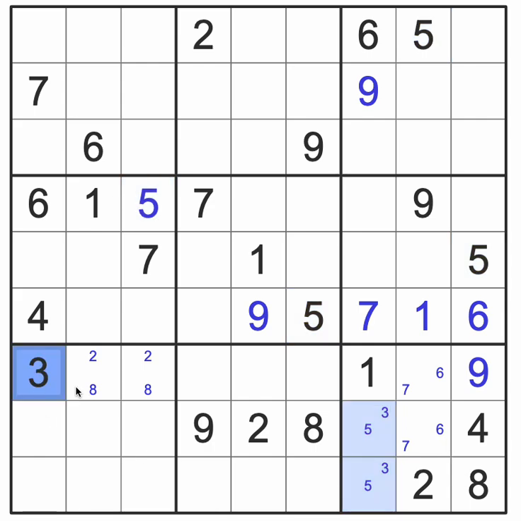And looking sideways, here's 3, which blocks here. That means 3 will be in one of these cells. So this cannot be 3. That gives me 5 and 3.